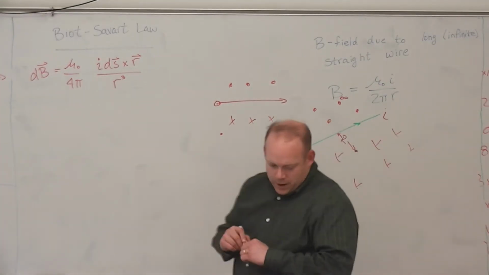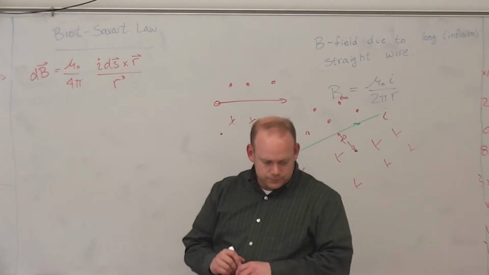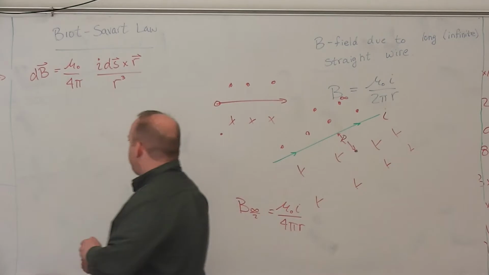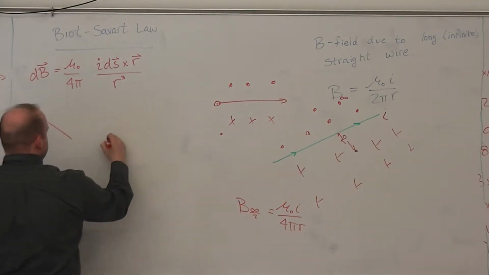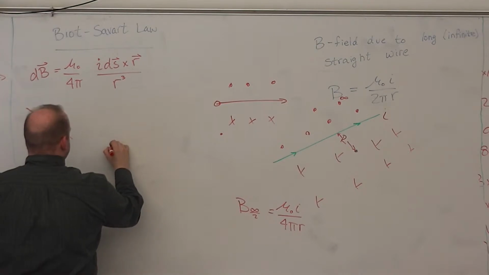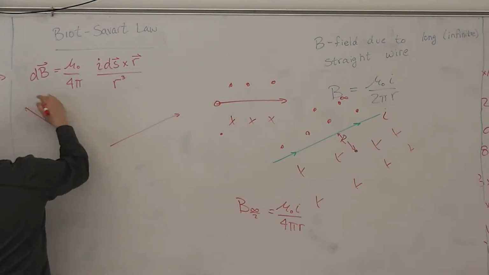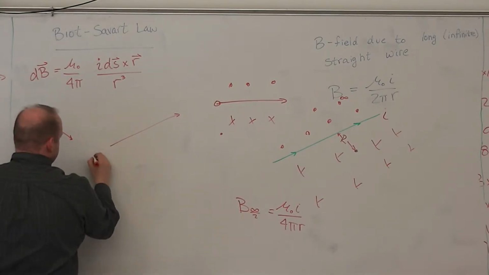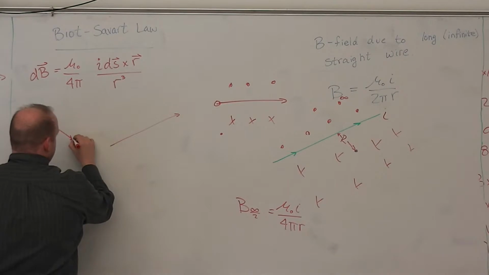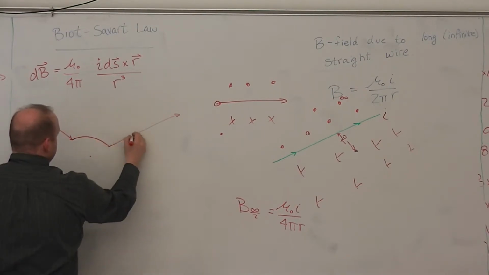But now, let's just say that we have a curved piece of wire. Let's just say that I have something like this, and it goes out at an angle like this. So my current is coming in like this, and then it follows the curved path, a circular path, like this, and then goes out.